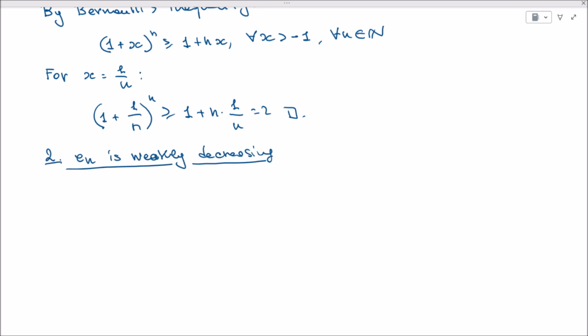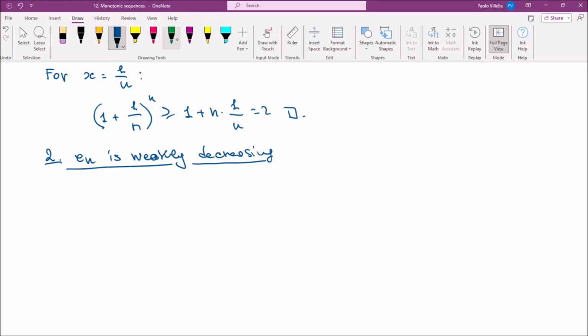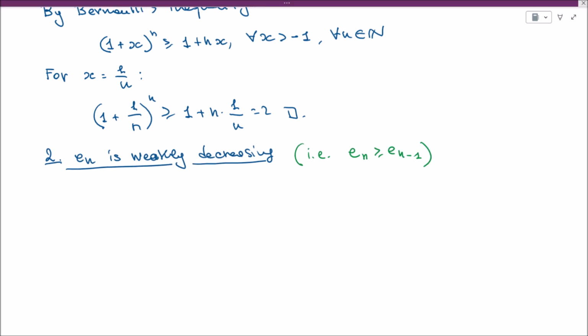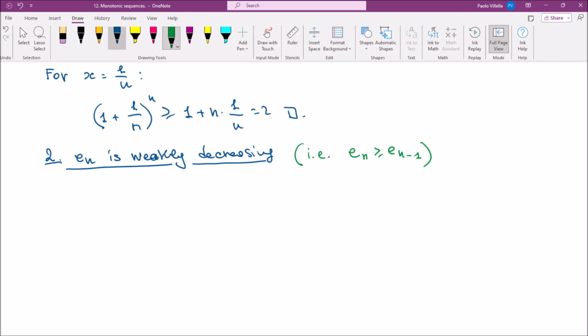Let's prove this part. We want to prove that En is larger than or equal to En minus 1. So this is another way of saying that the sequence is weakly decreasing.